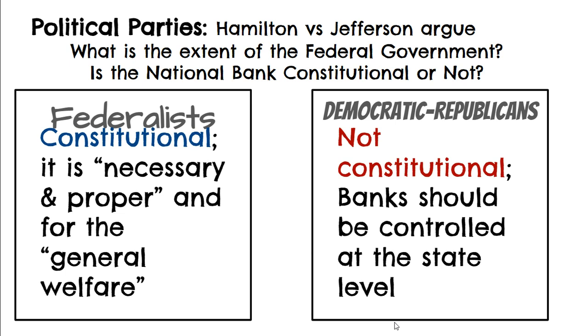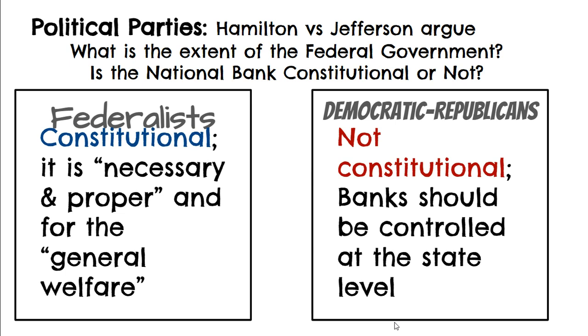Hamilton uses the phrase necessary and proper from the Constitution and argued that the bank would be for the general welfare. On the Democratic Republican side, Jefferson argues that it's not constitutional, that the national bank is not explicitly defined as a power of the federal government in the Constitution, and that banks should be controlled at the state level.